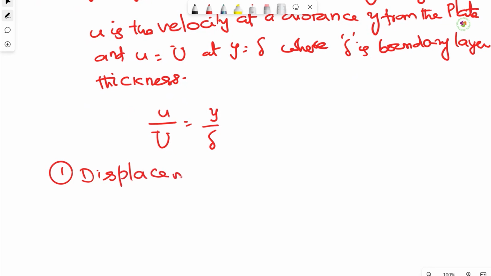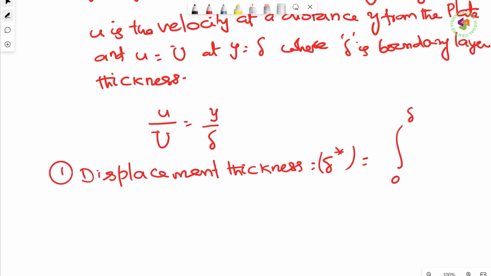So displacement thickness: we already know that delta star is equal to the integral from 0 to delta of (1 minus u by capital U) dy. Whether it is small v by capital V or small u by capital U, both are the same.